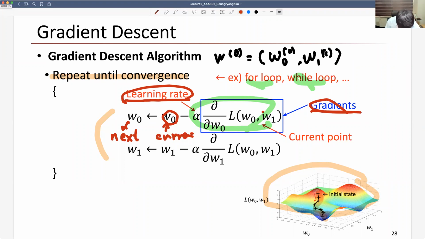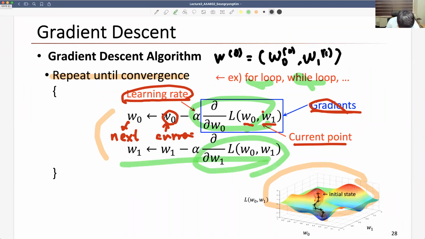These two terms are multiplied, and this W0 and W1 is the current point. This is optimization in terms of W0, and the optimization in terms of W1 is similarly defined. The main difference is that we have to compute the loss gradient in terms of W1 rather than W0 to update W1.